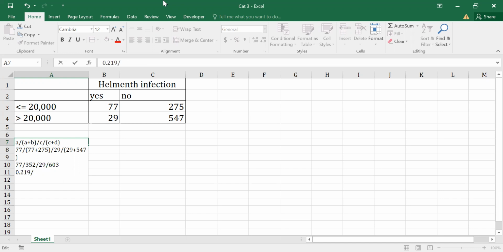Zero point 0.048. So the final answer will be 0.12, no, 0.219 over 0.048. So the new relative risk is 4 point, looks like it is the same.